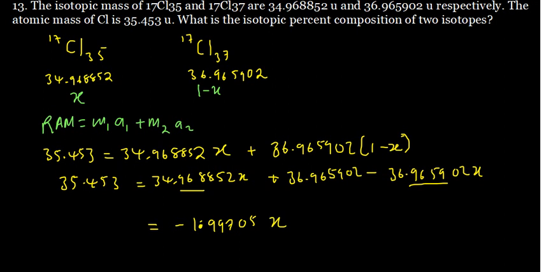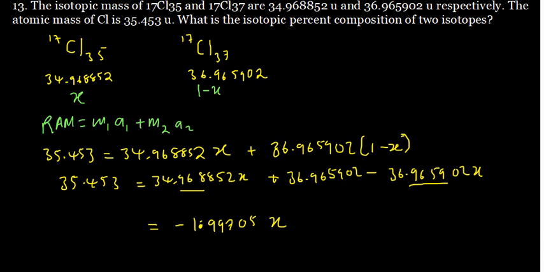Then I'm going to get this value and take it to the other side of the equation, so it's going to become negative. And on the other side of the equation, I've got 35.453. So it will be minus the other term which is going to the other side, and that is 36.965902.